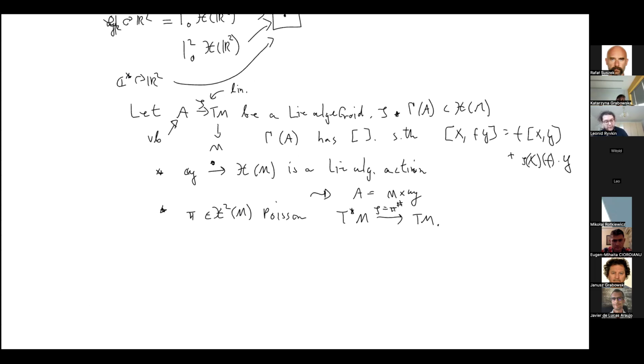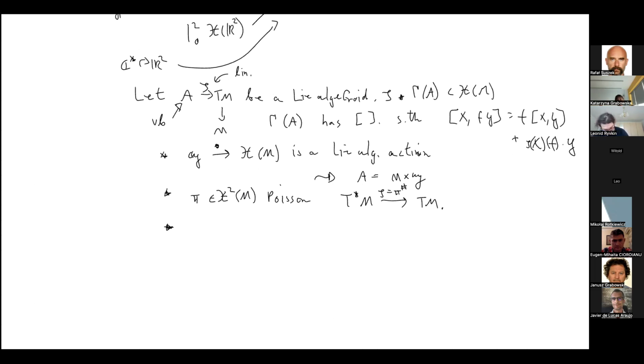If we have a regular foliation, then the inclusion turns it into a Lie algebroid, and the bracket is the one we had before. Okay, so basically, we will not need a lot of Lie algebroids, but infinitesimal actions, Poisson structures, and regular foliations can all be seen like that.